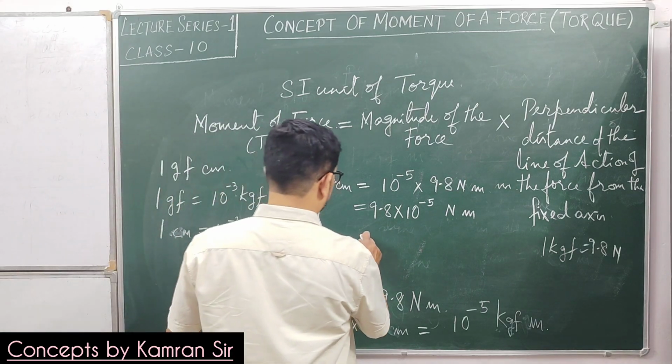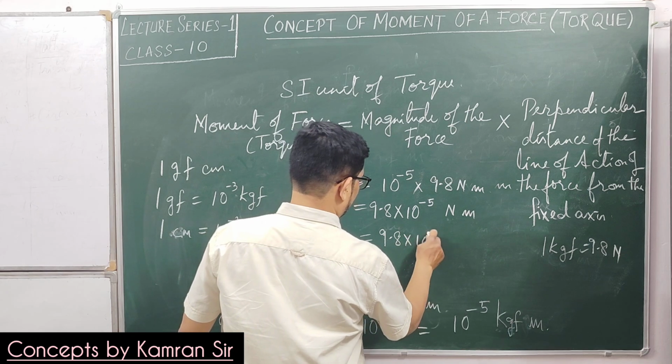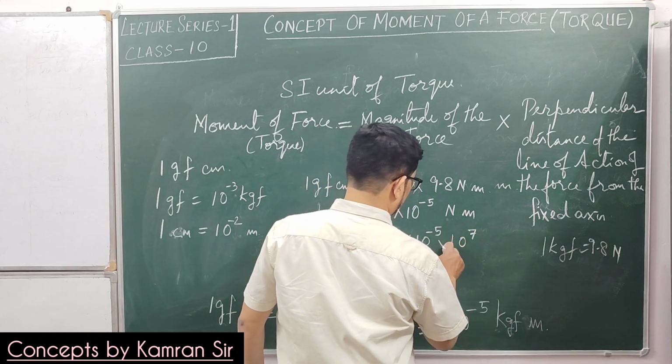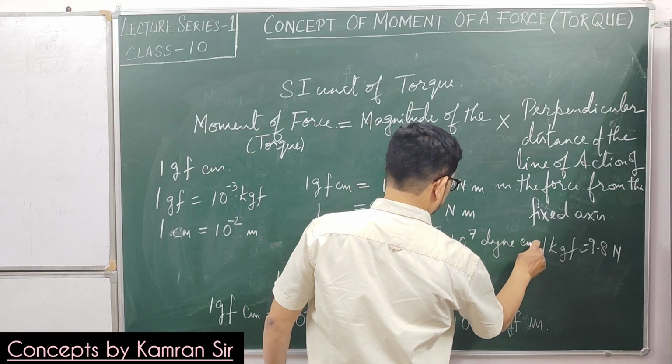So we can have this written as 9.8 times 10 raised to the power minus 5, and to convert this, straight away we can multiply with 10 raised to the power 7 dyne centimeter.